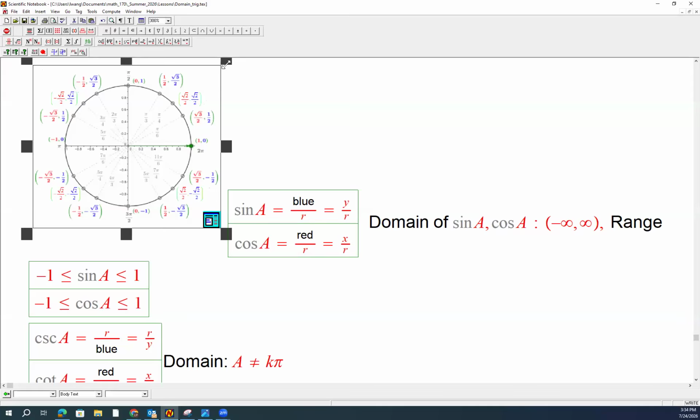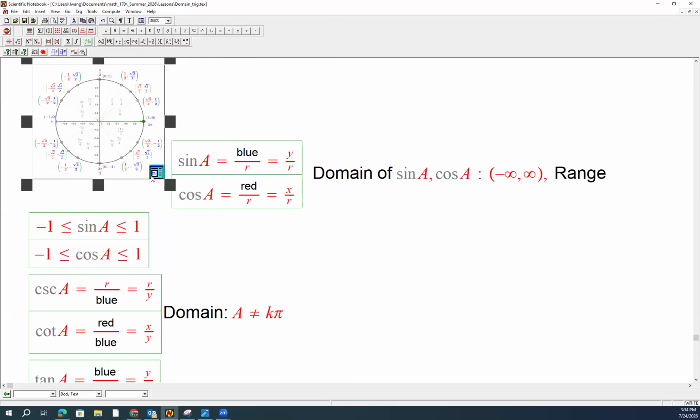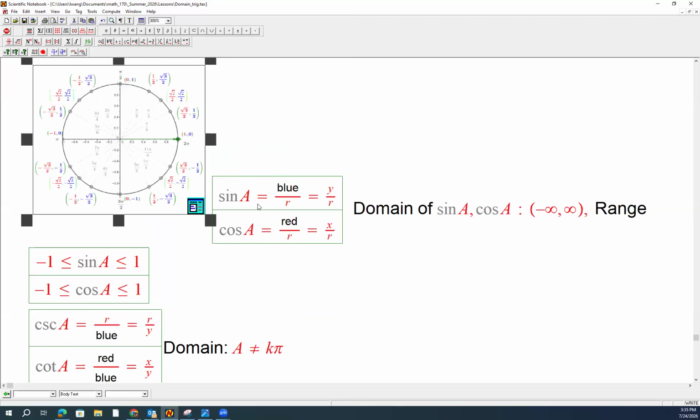You draw the same conclusion, because if you look at the entire unit circle, all the blue numbers, you can see no matter where you position the terminal, you always have a blue number.